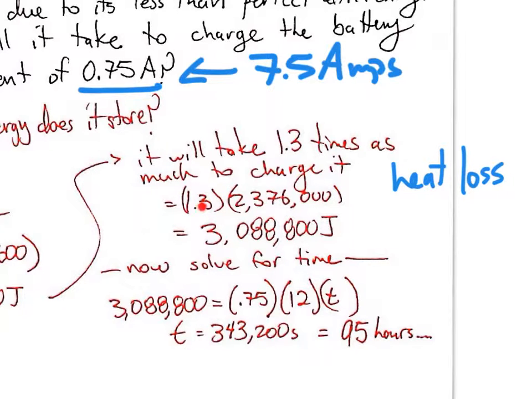So 1.3 times this gives us 3 million something joules, and then we just work the problem backwards, where we're saying joules, current, voltage, seconds. So we end up with this many seconds, which is 95 hours, which is a long time. You'd be using a greater current to actually charge your car battery, and you'd be able to do it in a day.